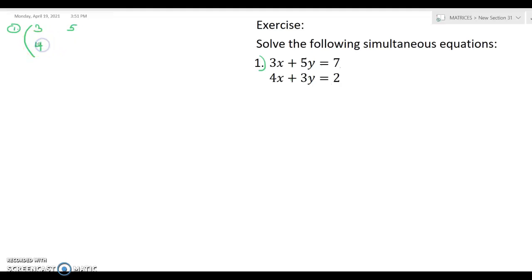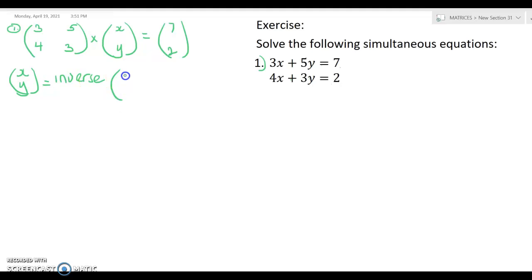And then the second equation, 4 and 3, times xy, just like what we did before in the other video, is equal to 7, 2. And then xy is equal to the inverse of our matrix, 3, 5, 4, 3, times 7, 2. So I'm just going to do the inverse of that matrix here.